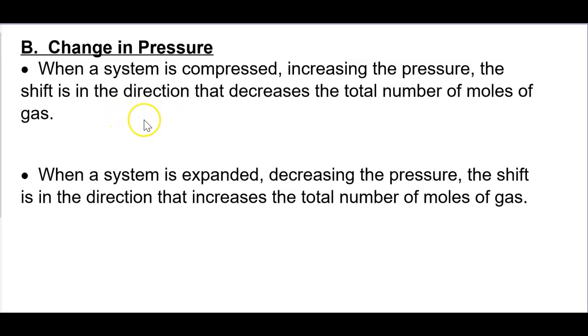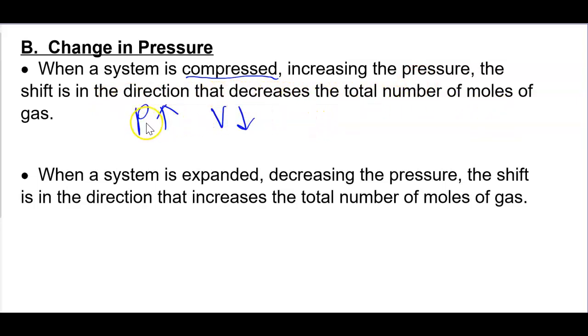So you need to understand the terms here, like compressed, right? You need to know that when you compress it, your pressure goes up and your volume is going to go down. So you just have to know that they're oppositely related. That's something you should know from ideal gas laws. And it says that when increasing the pressure, the shift is in the direction that decreases the total number of moles of gas.